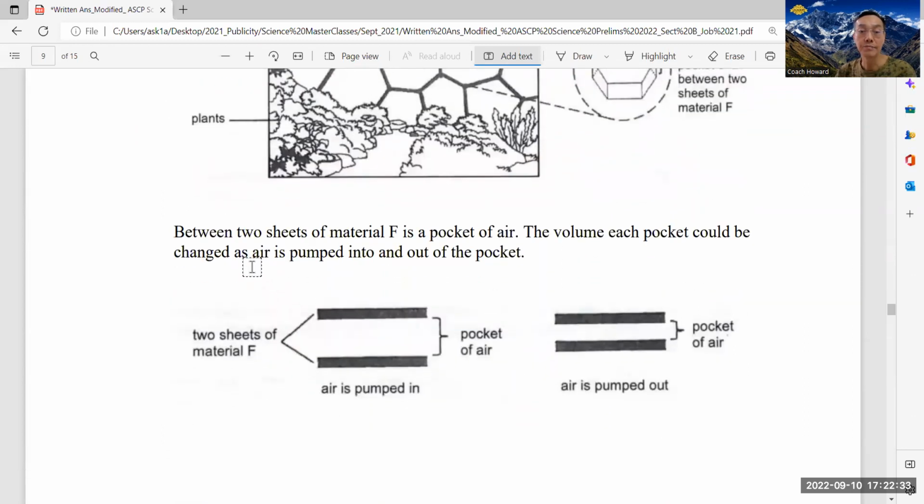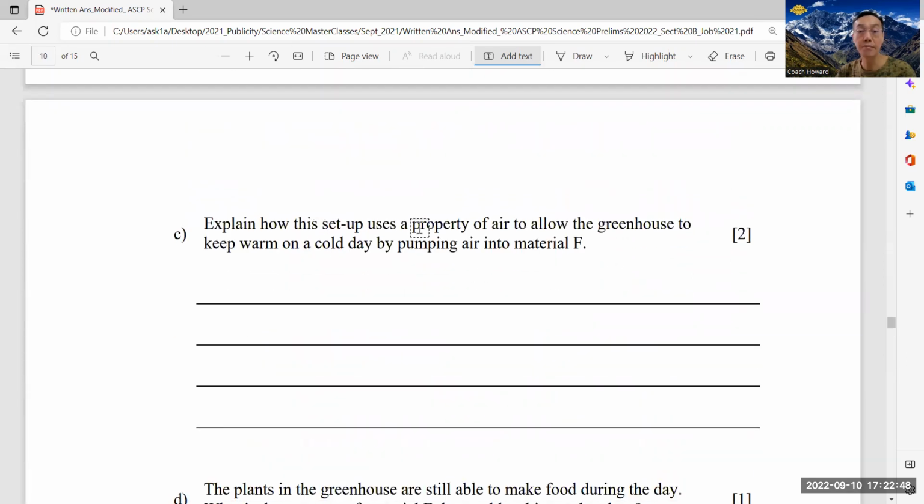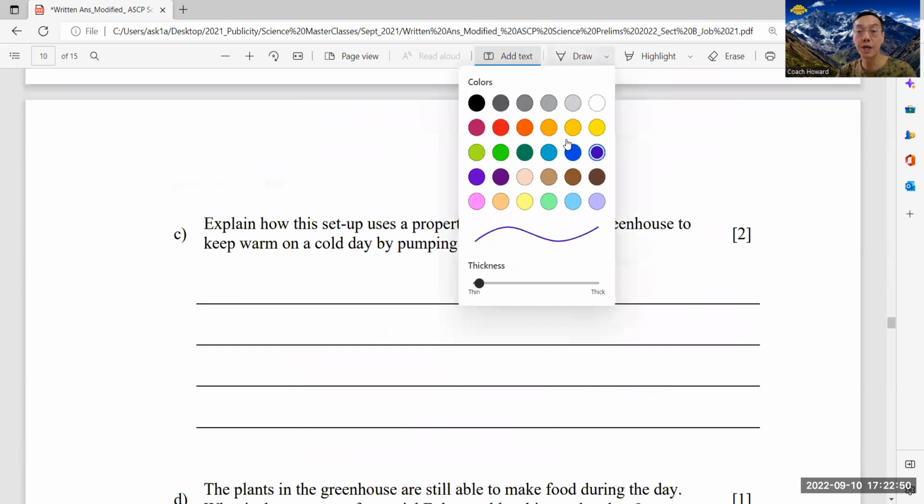So they show here, between two sheets of material F, there's a pocket of air. And the volume of each pocket could be changed as air is being pumped in or pumped out of the pocket. So here they say, explain how this setup use a property, so underline this word, use a property of air.